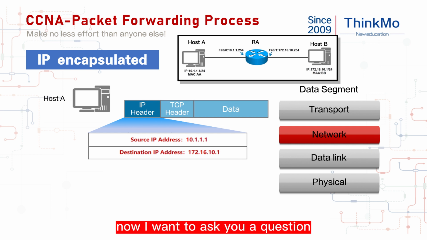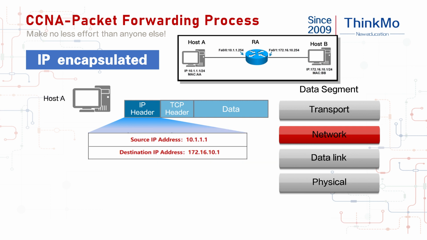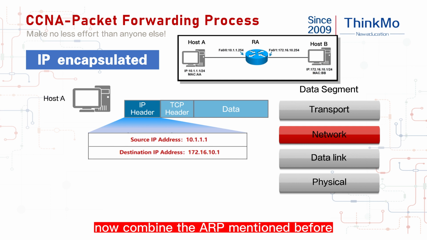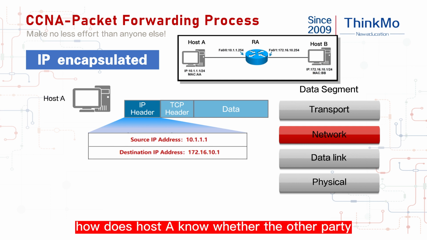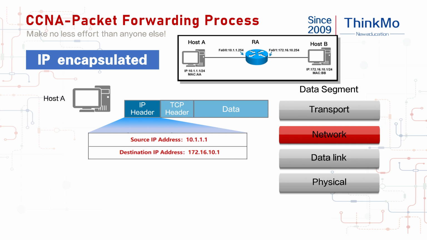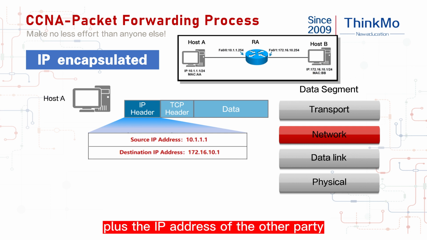Now I want to ask you a question. After packaging, logically speaking, the 3-layer devices are not on the same network segment. Now combine the ARP mentioned before. Think about it: how does host A know whether the other party is in the same network segment as it? Host A calculates with its own mask plus the IP address of the other party, gets its network segment, and compares with itself.